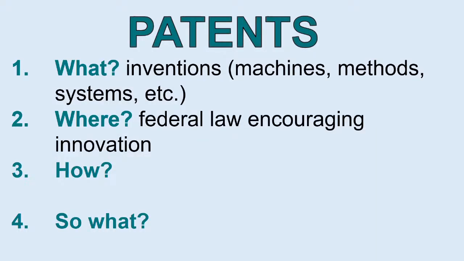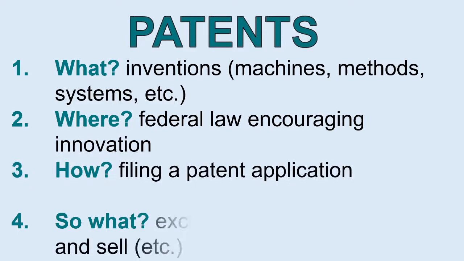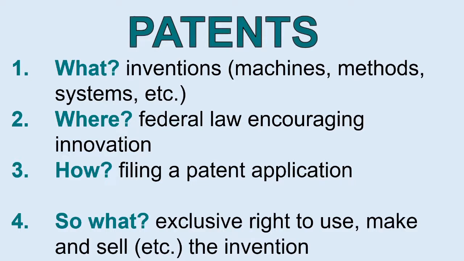And the way this works is that you file an application to the United States Patent and Trademark Office. That's a division of the federal government. And in that application, you have to disclose your invention. So you have to tell everybody what it is such that they could repeat it. And the Patent and Trademark Office looks at that application, and if they agree, yes, this tells us something new, something that wasn't known before, then they grant a patent.